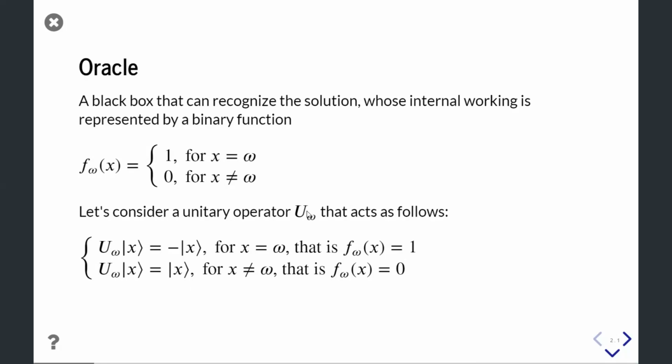So this operator is the identity if the state is different from omega, and the operator is the NOT function if the entry state is equal to omega. And here again, the question is, how many times should I query my operator before finding the right value of omega?